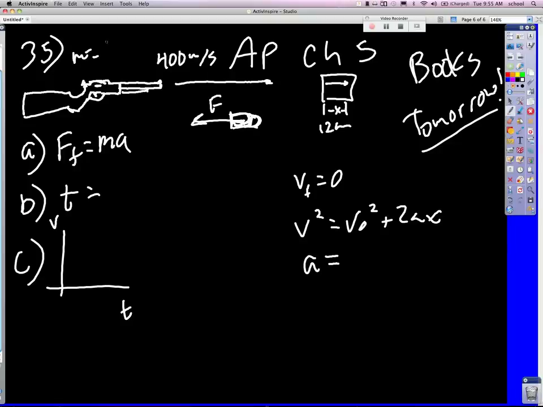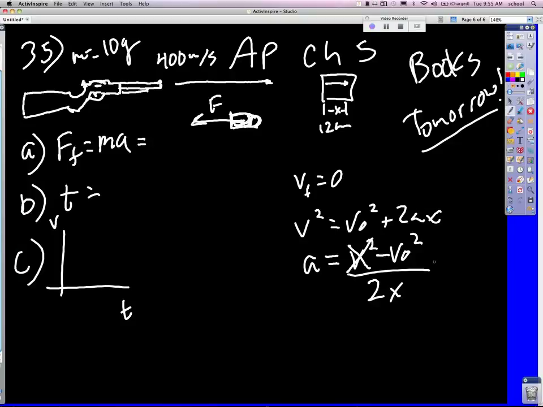So a is going to equal v squared minus v0 squared all over 2x. Of course, v squared is 0, right? So that's going to be negative 666,000.